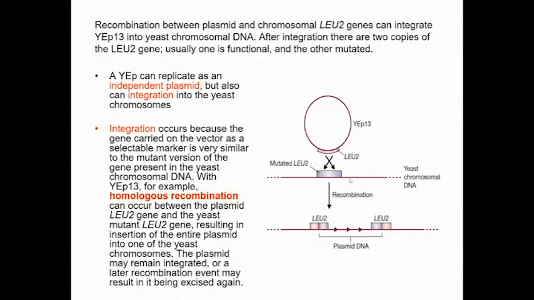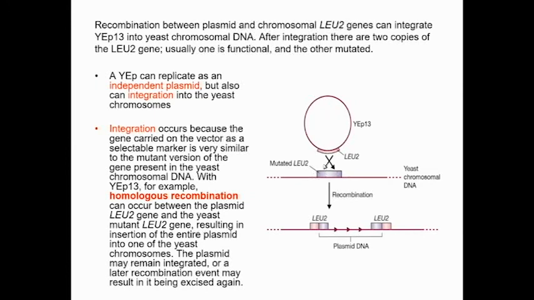And then so for example, this is the chromosome. When you introduce this plasmid into the cell, then this YEP13 can perform this homologous recombination by recognizing the homology of this flanking sequence on the vector and also on the chromosome.